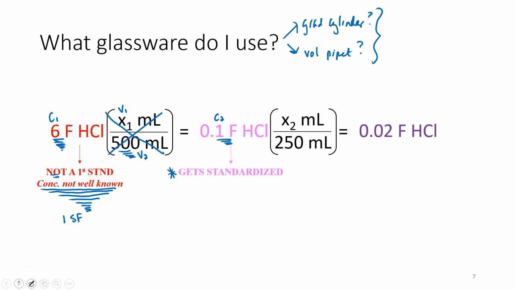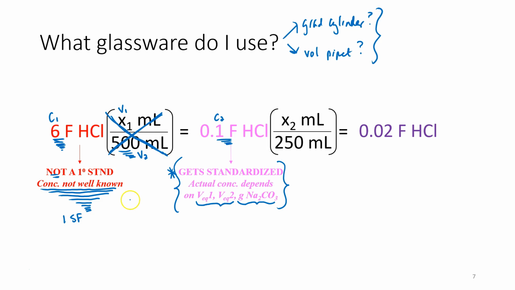It depends on VEQ1, VEQ2, and how many grams of sodium carbonate that you used in that titration. The actual concentration of the 0.1 formyl HCl depends on your standardization or your titration data and has nothing to do with this dilution factor.